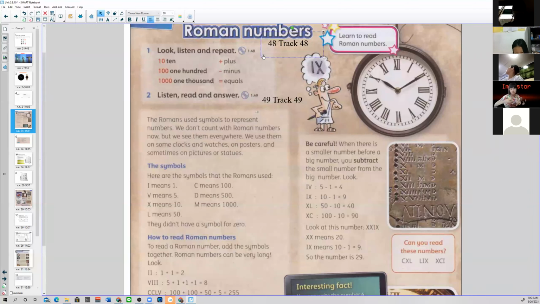Listening 1.48. Look, listen, and repeat. 10, 100, 1000. Repeat, please. Plus, minus, equals.